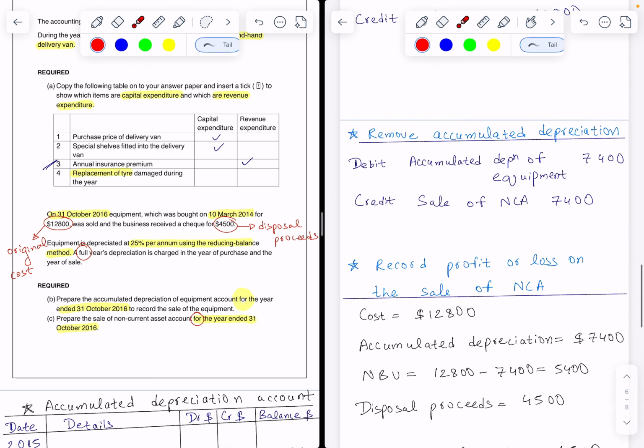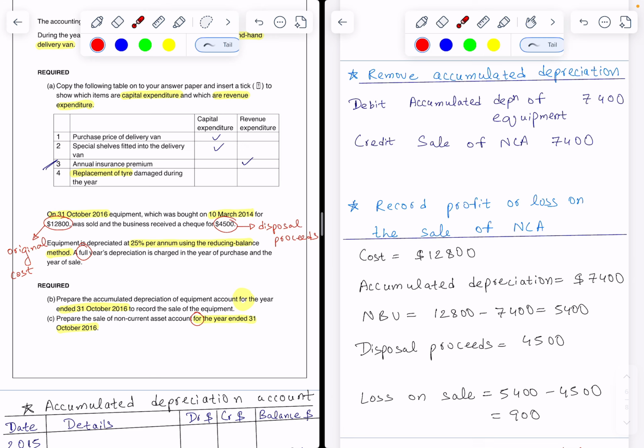Next, we want to find out any gain or loss we have made on the sale of this non-current asset. So the cost of this asset was $12,800, and the accumulated depreciation for year 1, 2, and 3 is $7,400, right? How do we find the net book value at any given point in time? We just simply take the difference between the cost and the accumulated depreciation.